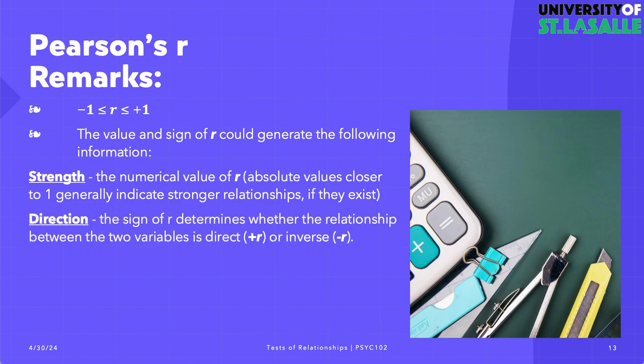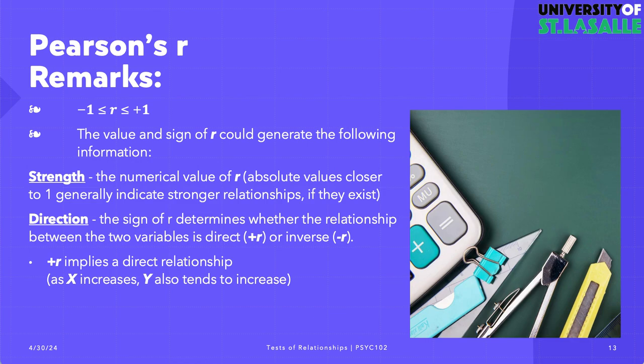The direction is determined using the sign, positive and negative. If it's positive, it's a direct relationship, indicating that as x increases, y increases, similar to the concept of a slope. If your slope is positive, as x increases, y increases. Similarly, we have a positive r here, which makes it a direct or positive relationship. If your R value is negative, it implies an inverse or indirect relationship. Similarly to your slope, it's going to be negative.